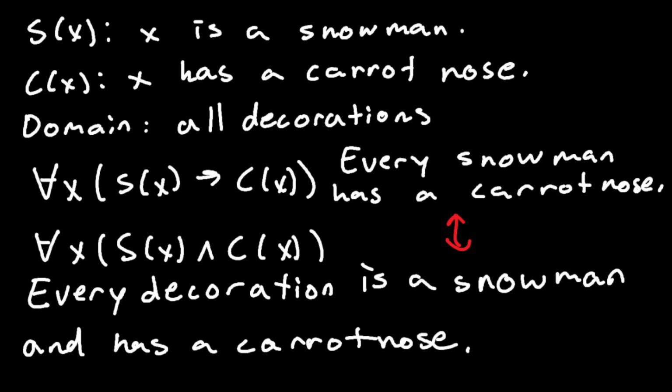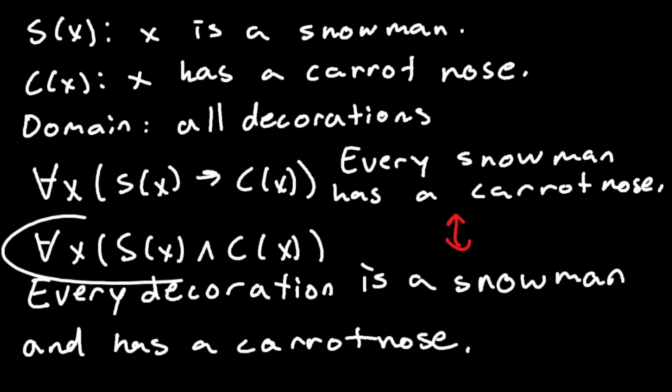Now, take your time and take a look at both these statements and why they are completely different. Of course, pause the video because I'm going to keep talking. But this right here, every snowman has a carrot nose, is just a condition, right? You're basically saying if there's a snowman, then it has a carrot nose. That's the if-then sentence structure.